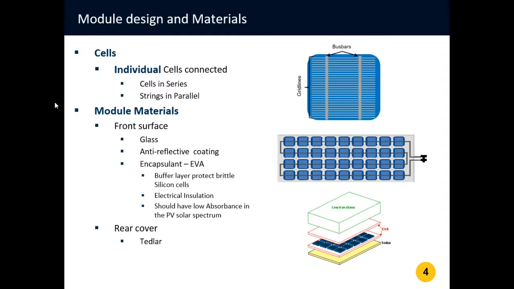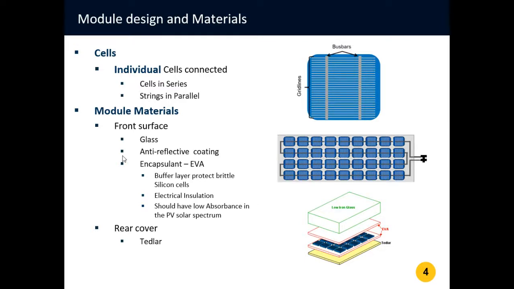Then the front surface of the module would be a glass layer, followed by an anti-reflective coating, and then there's an encapsulant that sandwiches around the cells themselves. So this provides a buffer layer to protect the cells because they are quite brittle in themselves. It also provides electrical insulation.